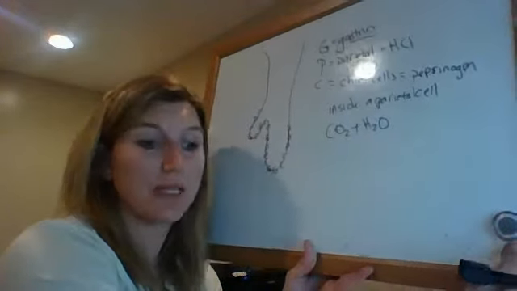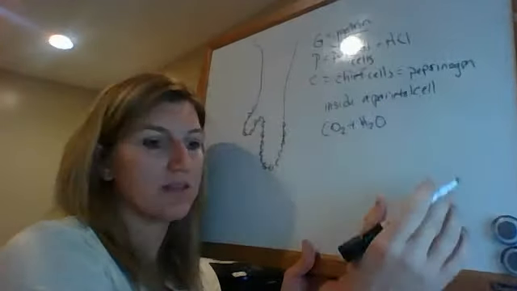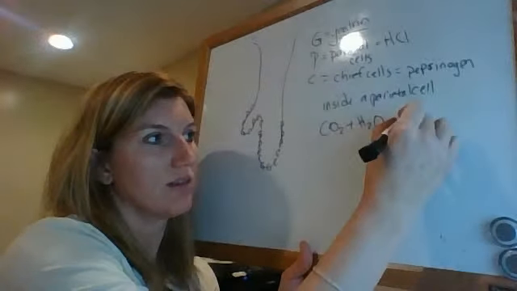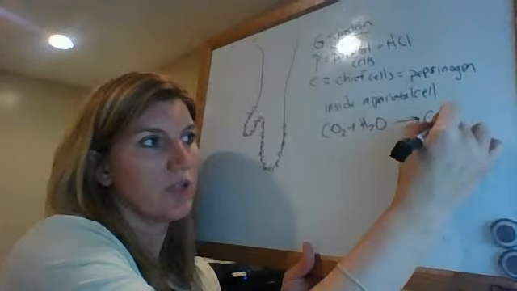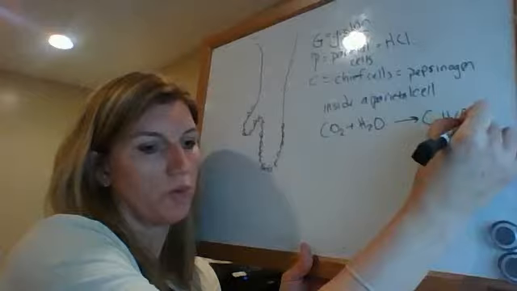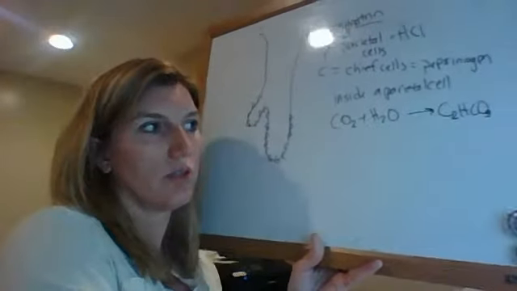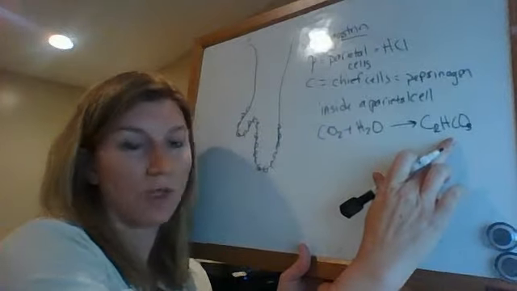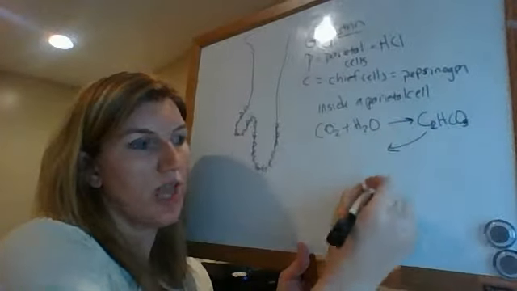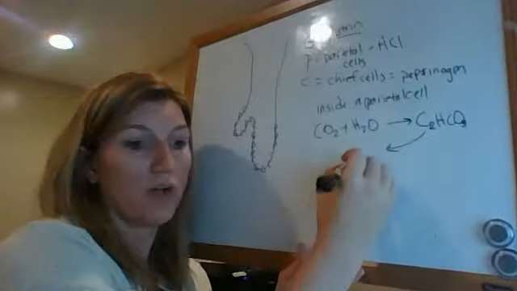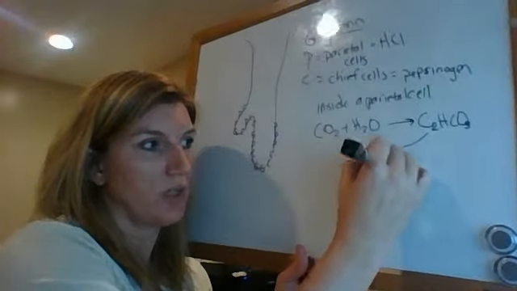And when those things mix, just like in the red blood cell, we're going to get, carbonic anhydrase is the enzyme there. You're going to get H2CO3, carbonic acid. So this carbonic acid is going to dissociate, and it's going to form bicarbonate, which is HCO3.